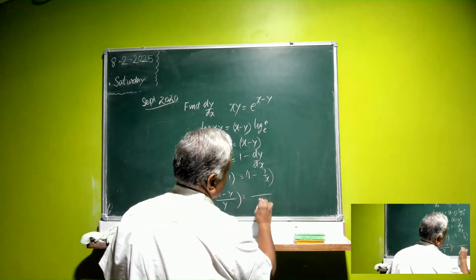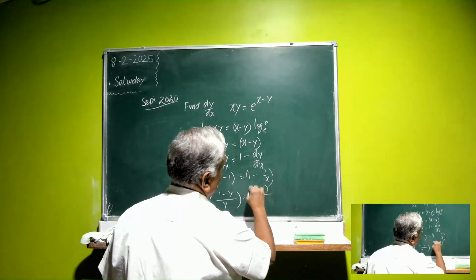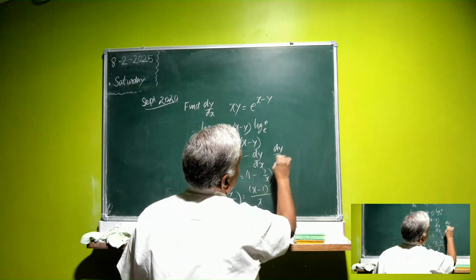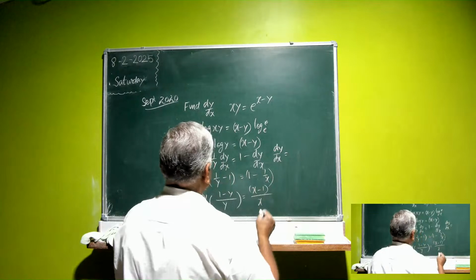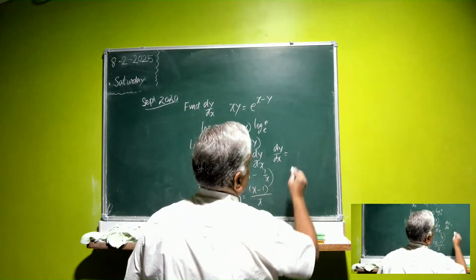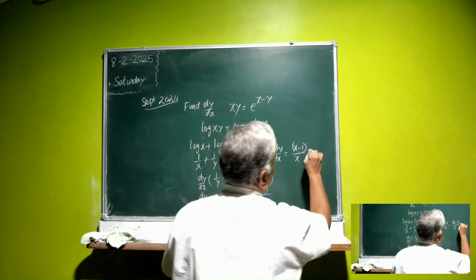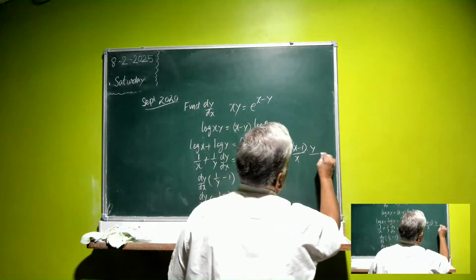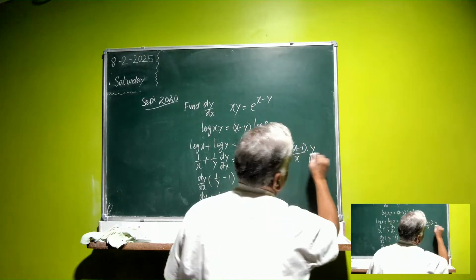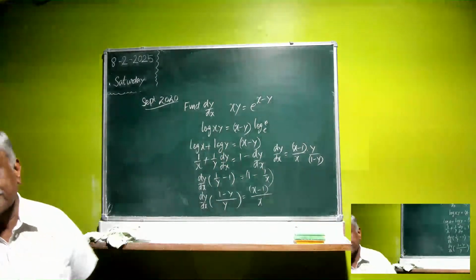If you take LCM here, x minus 1 by x. What is dy by dx? So this x minus 1 will be here only. This y will go to numerator, 1 minus y will come to denominator. This is the actual answer.